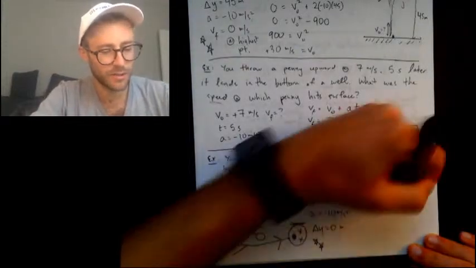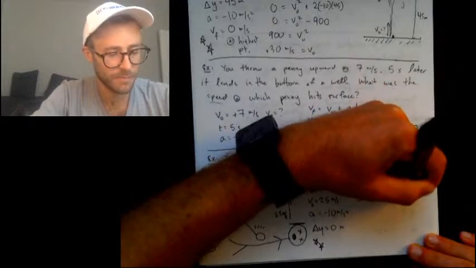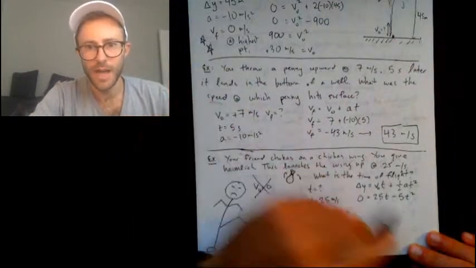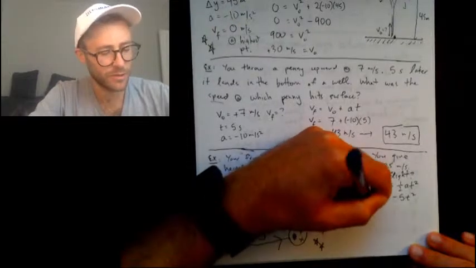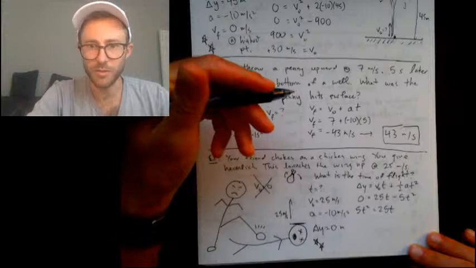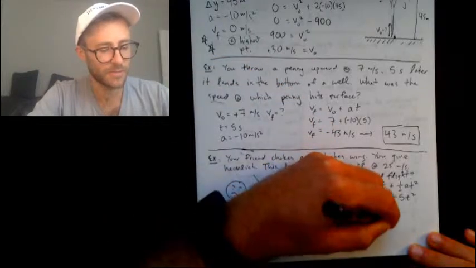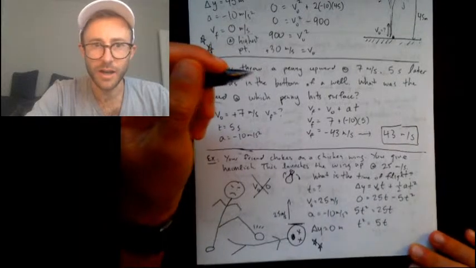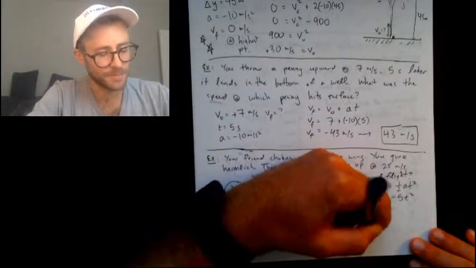Acceleration is -10, so half of -10 is -5. I add 5t squared to both sides. 5t squared equals 25t. Divide both sides by 5. T squared equals 5t. And then I divide both sides by t.